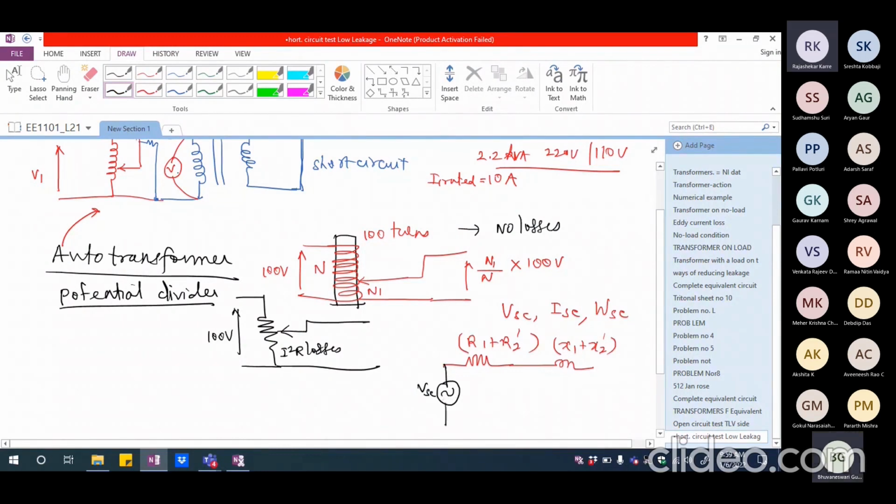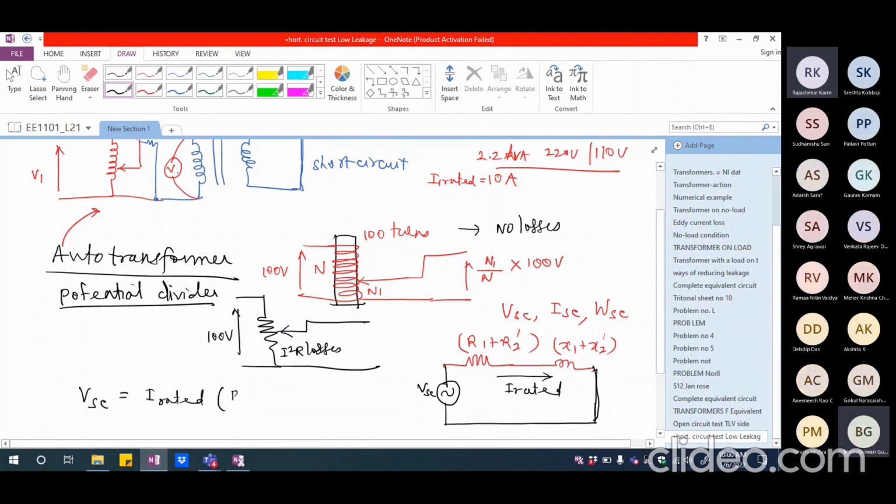So you will normally apply much reduced voltage and you would see that this side is short circuited. Now what you are supplying here is I1 rated. So I'm going to have VSC equal to I rated multiplied by R1 plus R2 dash plus J times X1 plus X2 dash.